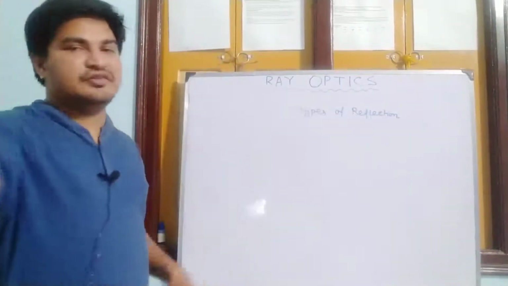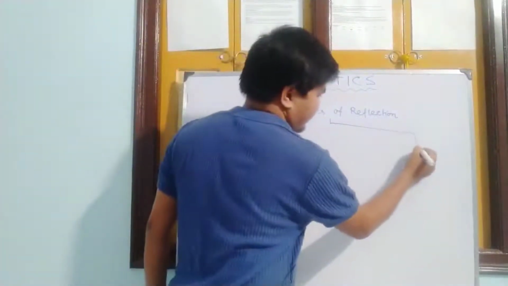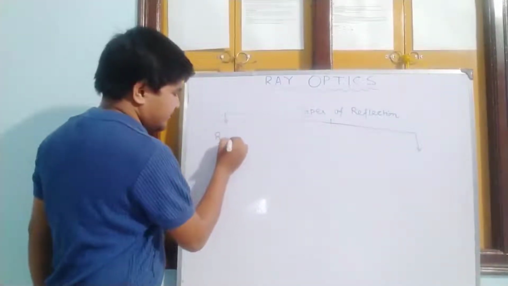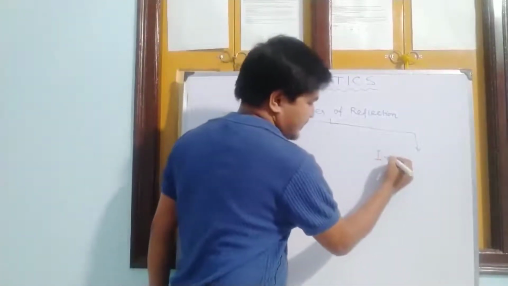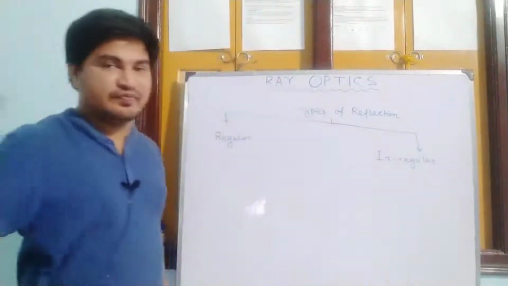Next, classification of types of reflection. We already did it. One is regular, another is irregular.